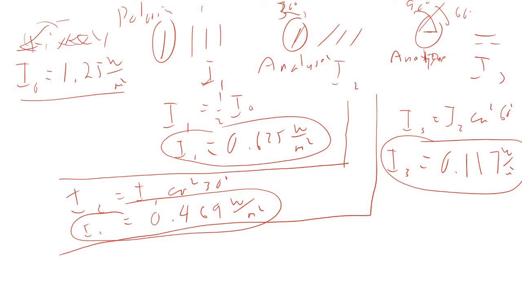Now let me point out something else here. We know that cross polarization like this, the one on the right versus the one on the left, should give you 0. In fact, if I did not have this in-between polarizer, or analyzer, we would get 0 intensity at the end.